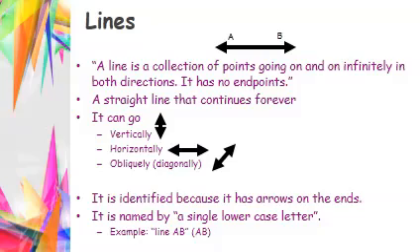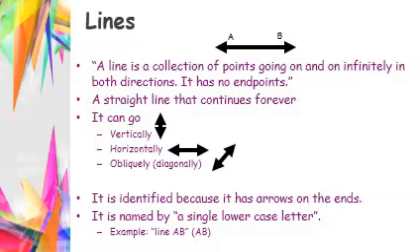Keep in mind that you can extend the line in both directions infinitely. A line is identified because it has arrows on the ends. Every time you see those arrows to the right and to the left, this is a line.